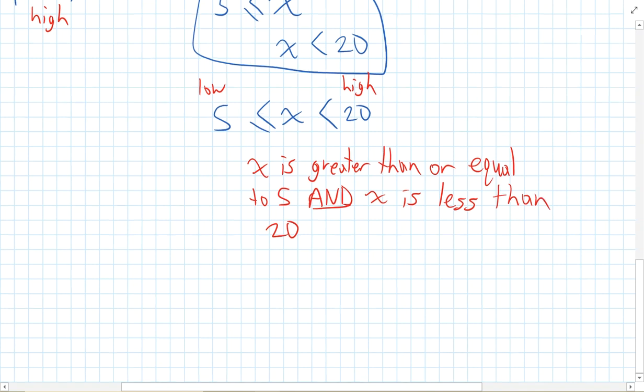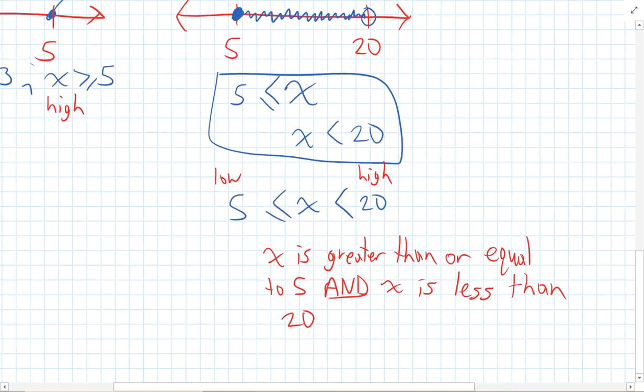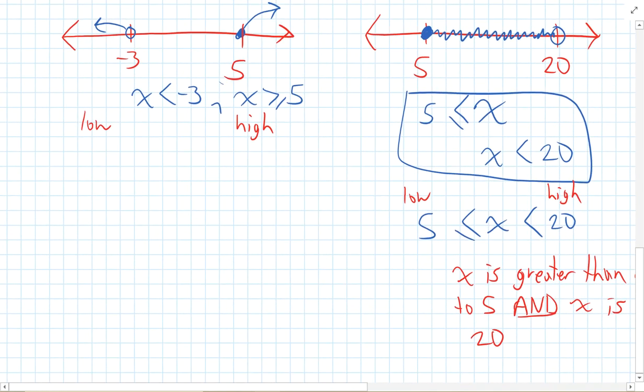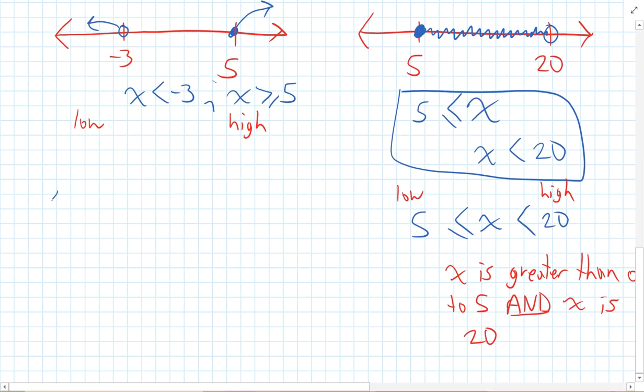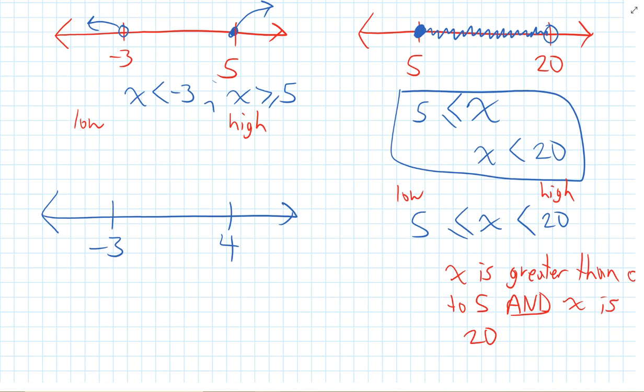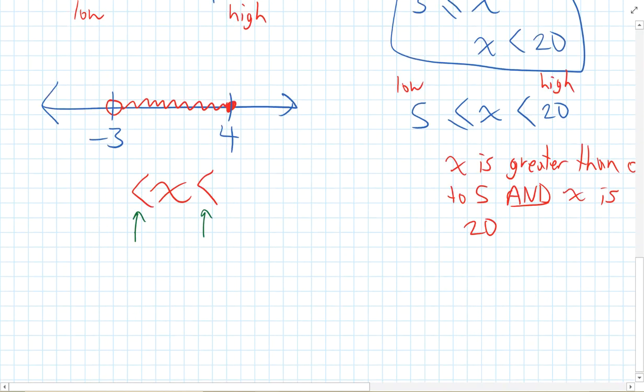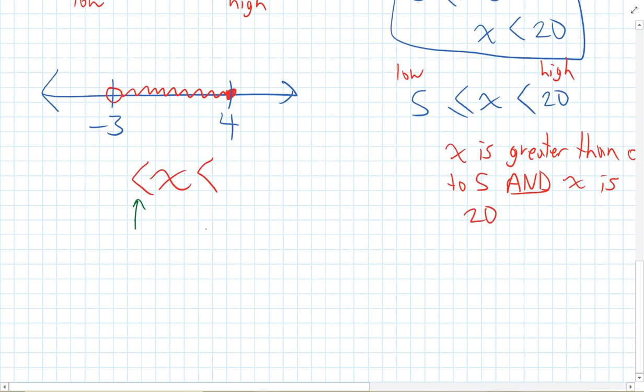So here's a little trick when you're doing these. Let me show you one more example on how to set these up. -3, let's say 4. So it's a small one. Let's go here, closed circle, and let's go open circle, and we're contained by those values. So to start, I can always do this, always. Now what I have to do is check my signs. I know they're going to be opening in that direction. That's a given.